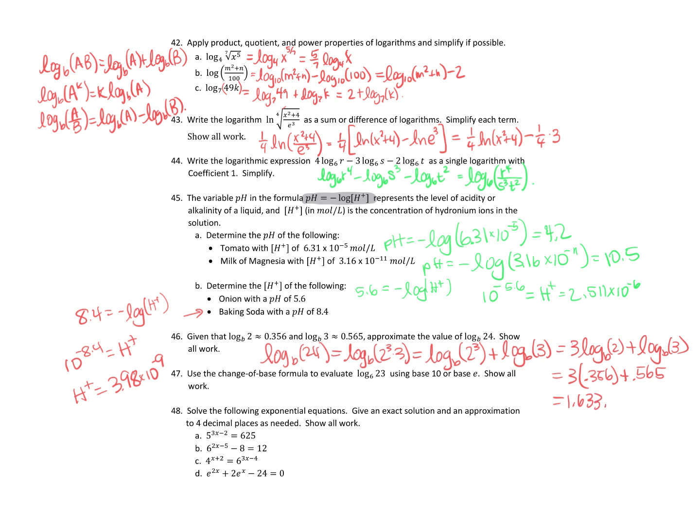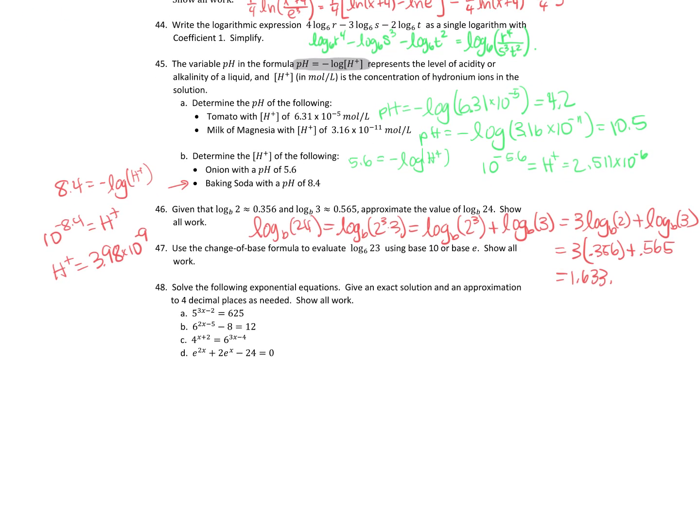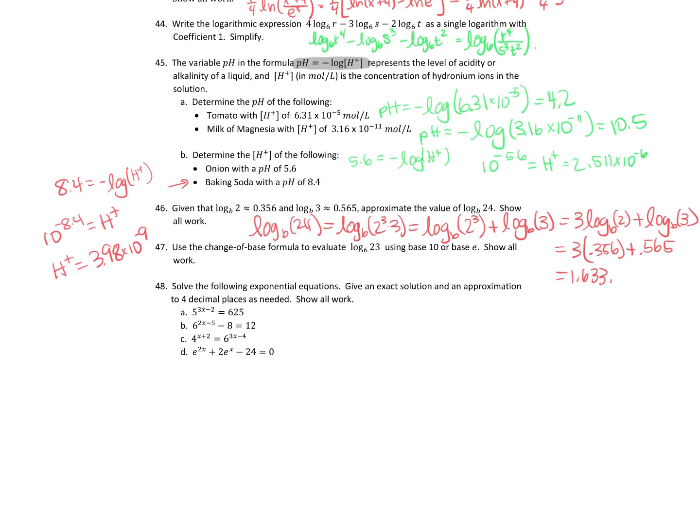So that's an approximation. Use the change of base formula to evaluate log base 6 of 23 using base 10 or base e. So I'll write them out using both so that you can kind of choose. So let's just go down here. So we can say log base 6 of 23 is equal to log base 10 of 23 over log base 10 of 6.